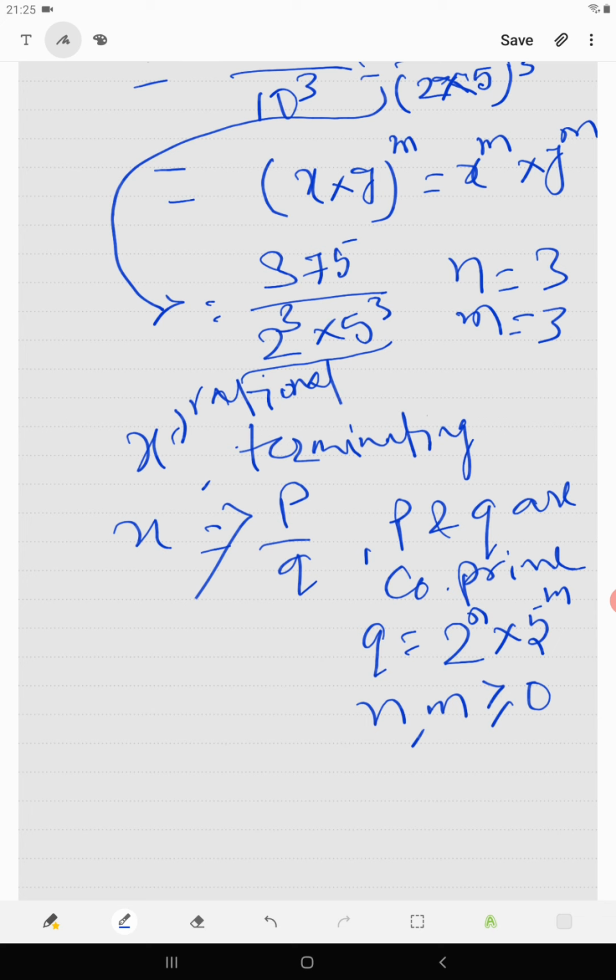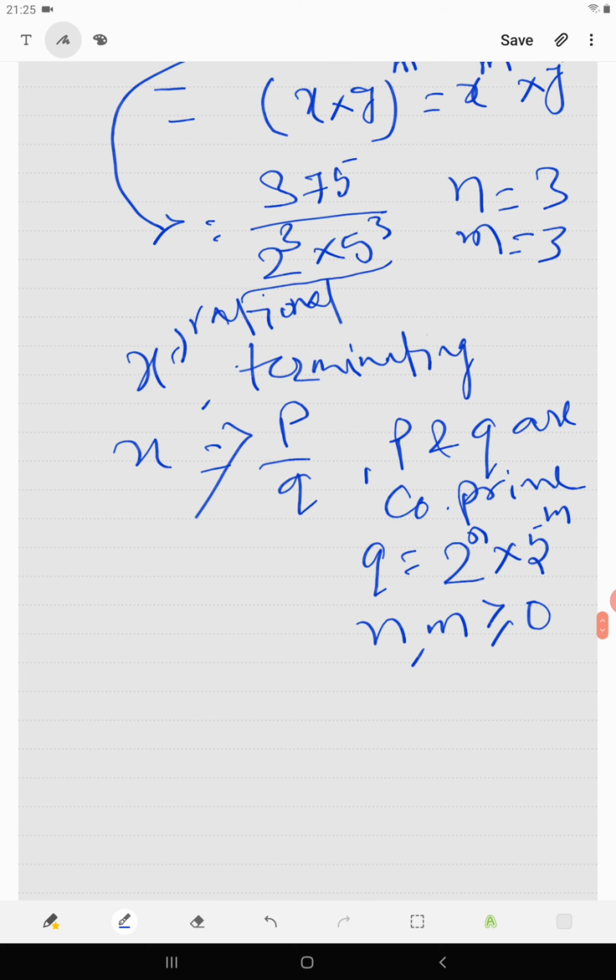If x is a rational number whose decimal expansion is terminating, then x can be represented in the form of p by q, where q is of the form 2 to the power n into 5 to the power m. Now the opposite is also true. If x equals p by q is a rational number such that the prime factorization of q is of the form 2 to the power n into 5 to the power m, where n and m are non-negative integers, then x has a decimal expansion which terminates.